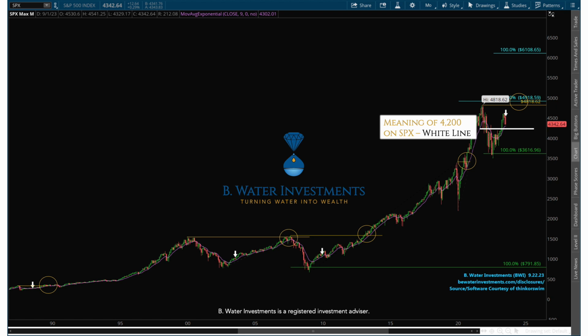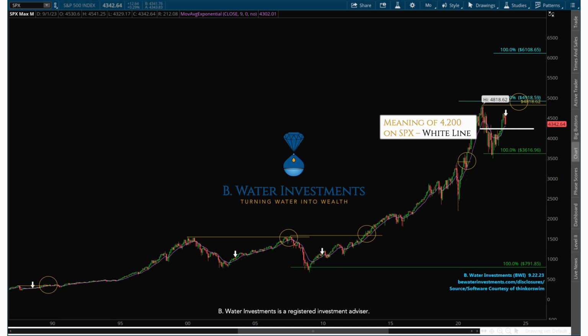So while it may seem choppy for clients to see their accounts move up very high and then pull back in line with the back test of 4,200, this is expected. If we stay above the 9-month exponential moving average, the magenta line, if we're above 4,200 at the end of October, when seasonal market weakness is typically over, then we probably have a higher likelihood of hitting that 49.18 and potentially in time that 61.08 on the S&P 500.